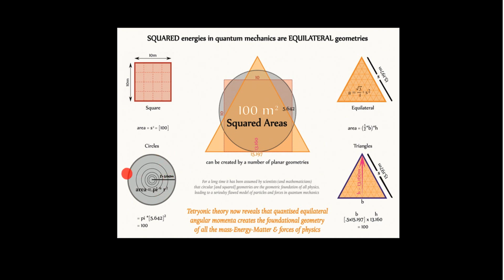So this is circular squared numbers, as in pi r squared, relates to the establishment or the mapping out of an area of space in which we measure physics. But all the physics within that circular region or spherical region is comprised of equilateral triangles of mass, energy, momenta, Planck quantum as they're often termed.